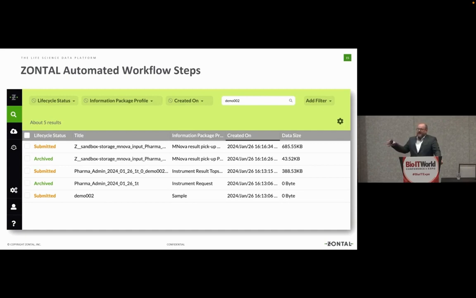But of course, on a higher level, what you get is a lot of data integrity. It is faster, as I said, 2 minutes between the read and it appearing back in the notebook. And what you get is a full audit trail of every single step that was carried out in this workflow.